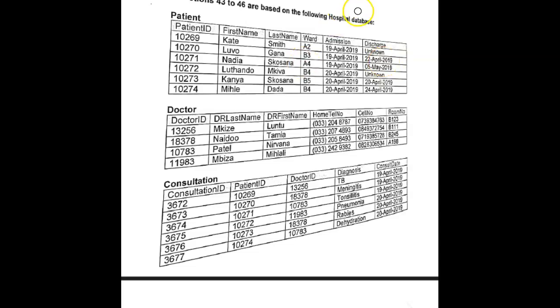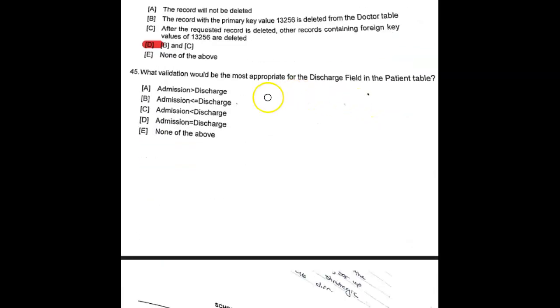That doesn't make sense. So discharge is greater than admission, which can also be written as admission is less than discharge, obviously. Because if this is greater than that, this is less than that. So admission less than discharge. There we go.